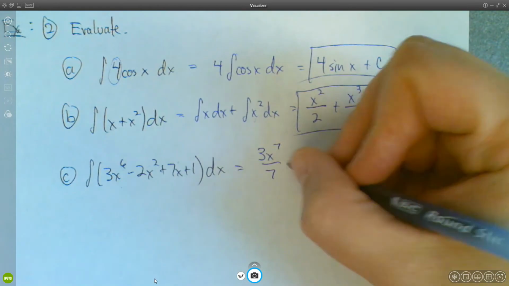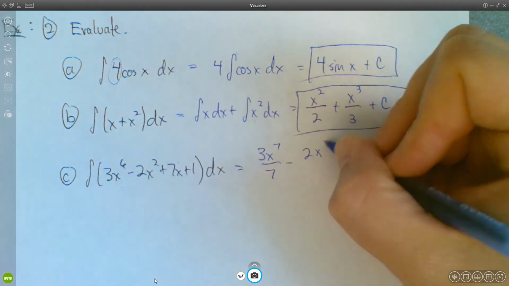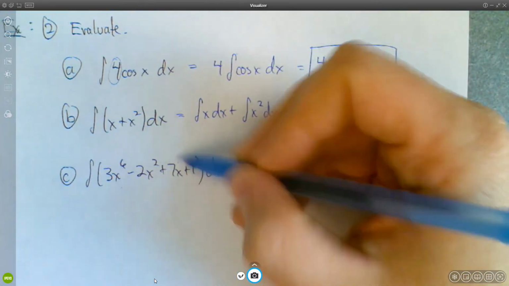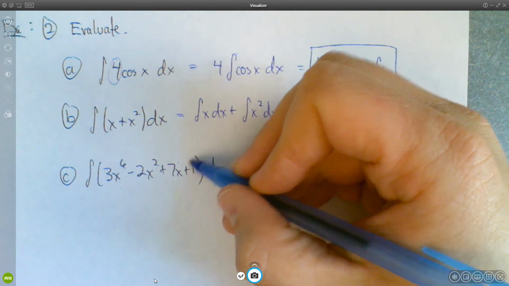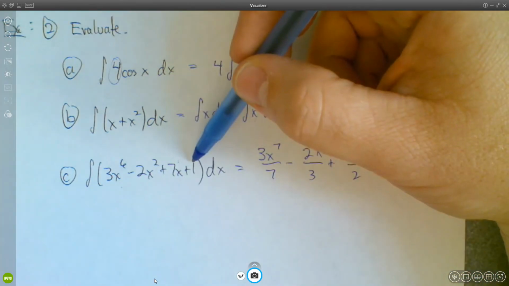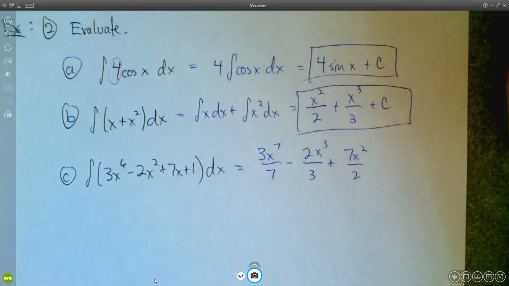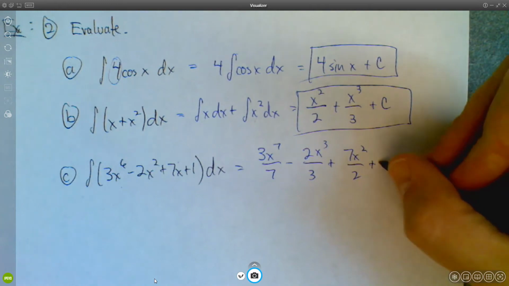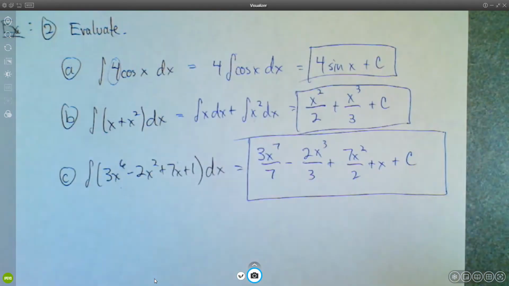Here I'm going to have minus 2 times x cubed over 3. And here I'm going to have 7 times x squared over 2. And here, now if you think of this as like x to the 0 power, you add 1 to the exponent, you get x to the first power, and then divide by 1 and you just get x, right? So you get plus x, and then don't forget your constant of integration.